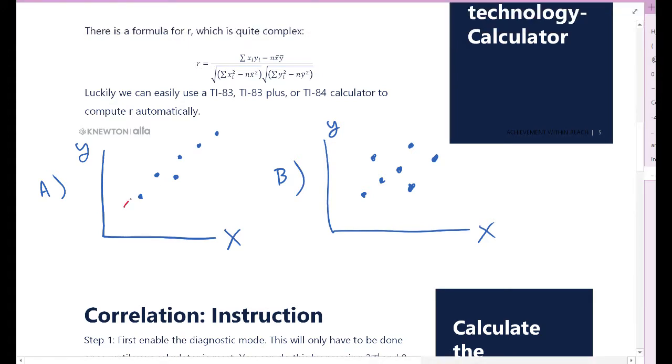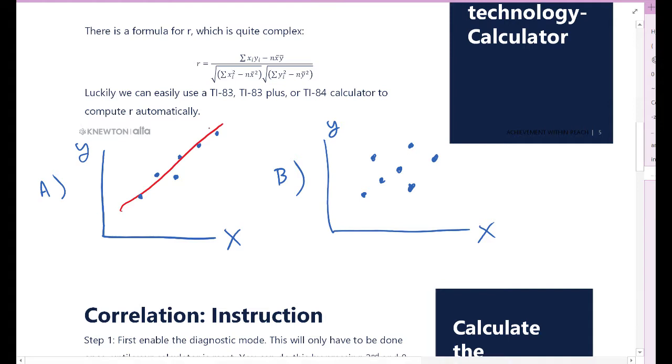The line would be something like that. I'm a little off, but that would be a best fit line. Let's draw a better one. It is a line that minimizes the error between your data values and that line. So there's only one best fit line, and it's the red one that I drew there.